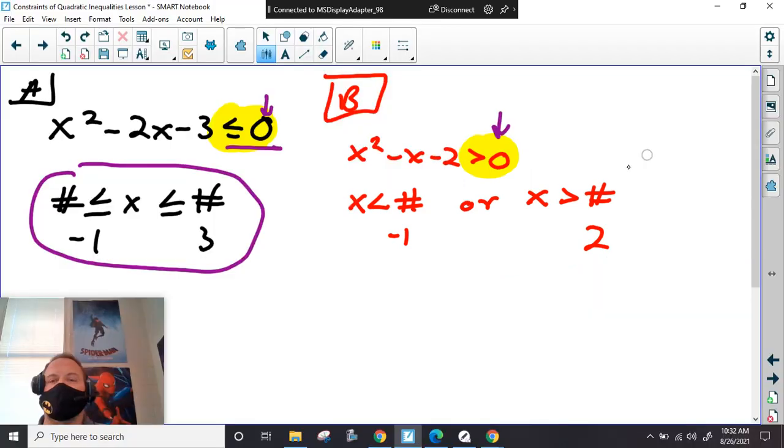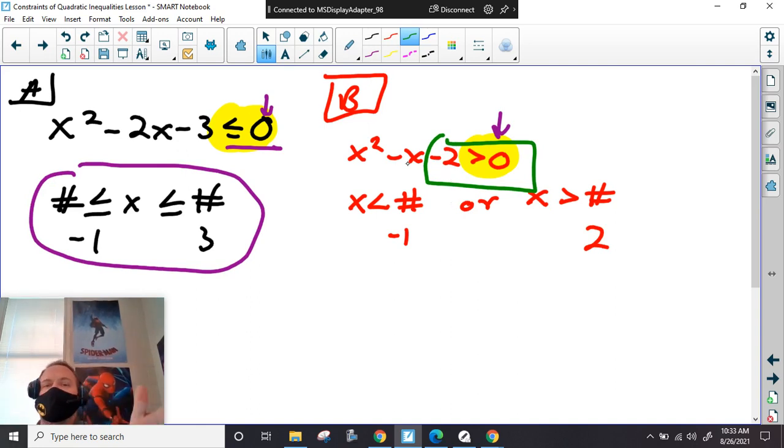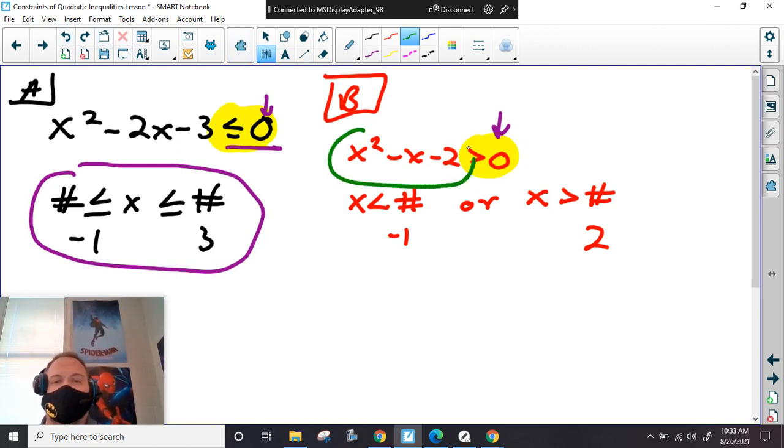No, no, no. You're thinking, I finally got what you said. You're thinking this part right here, right? That's not the problem. It's not just negative two. It's this whole expression, this whole quadratic thing.